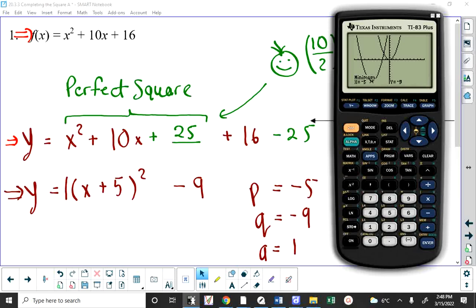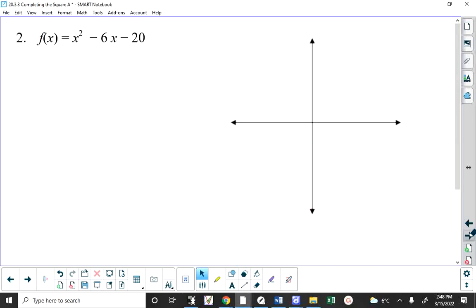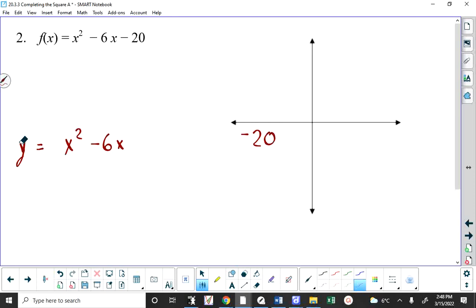Let's try another one. X squared minus 6x minus 20. Your first step is to just bump that constant term out of the way. Don't forget about it. It's still there, but we want to ignore it just for a minute. And now we say, what would I add to this to make this a perfect square?